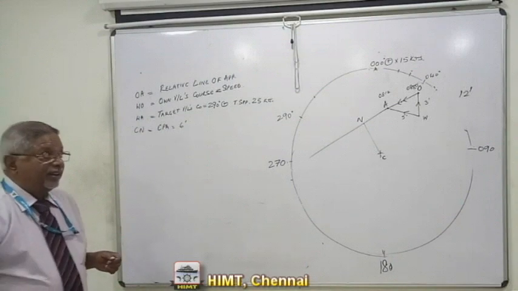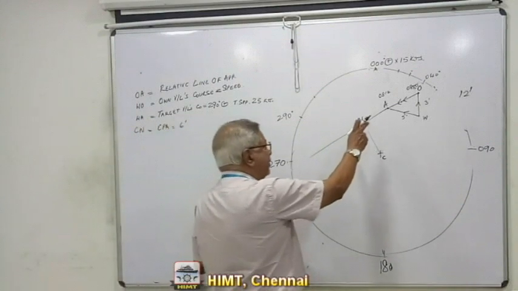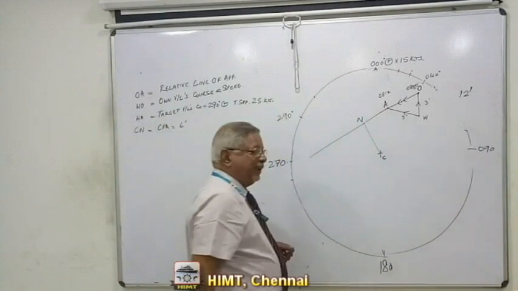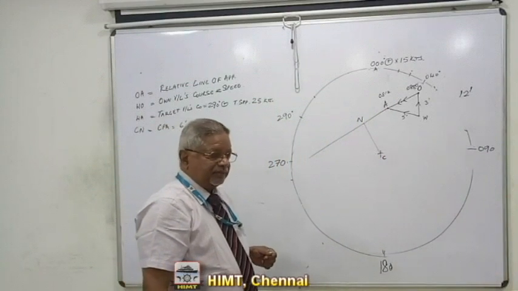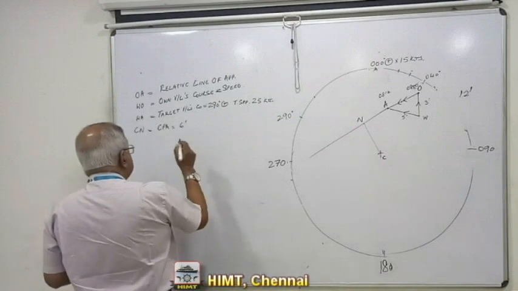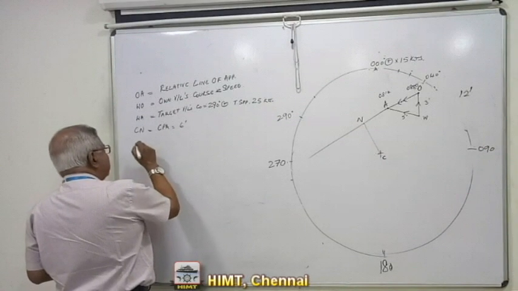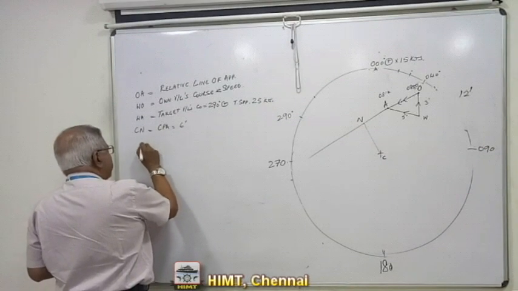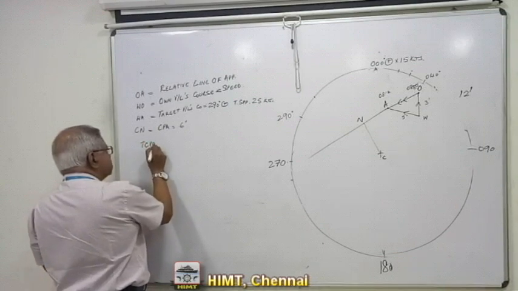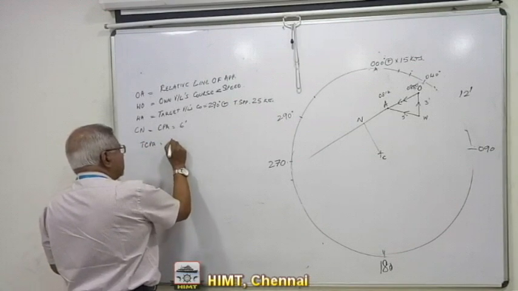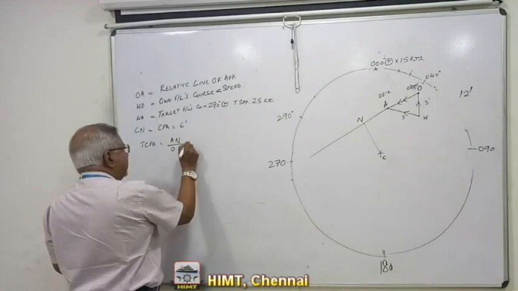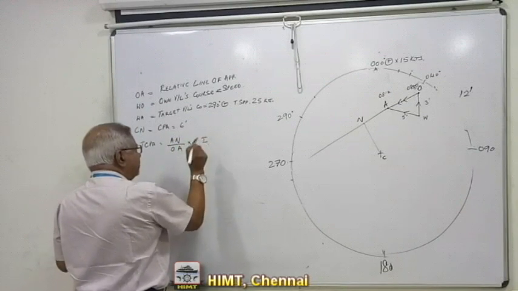How much time is it going to take to travel from A to N? So, calculate TCPA. AN upon OA into plotting interval.